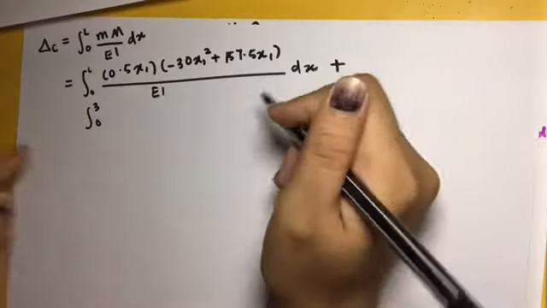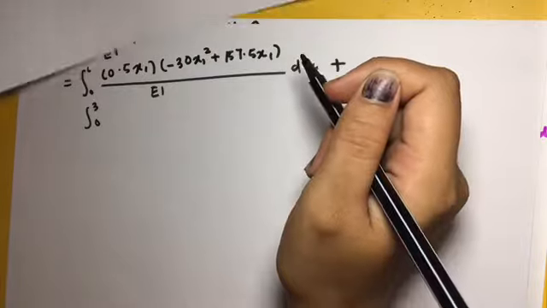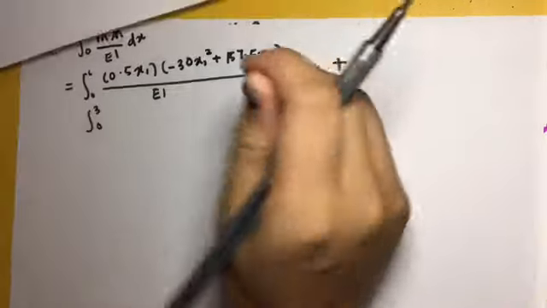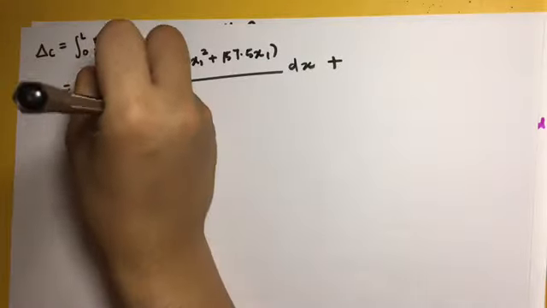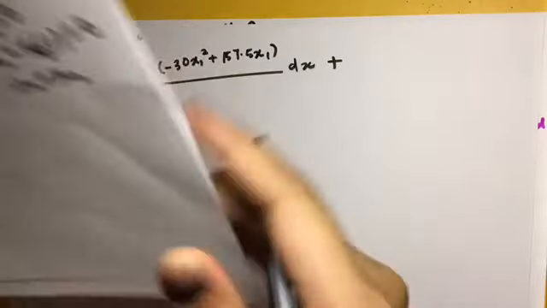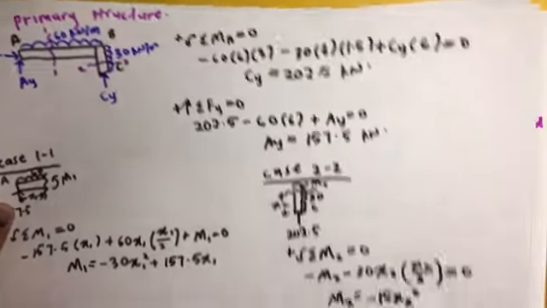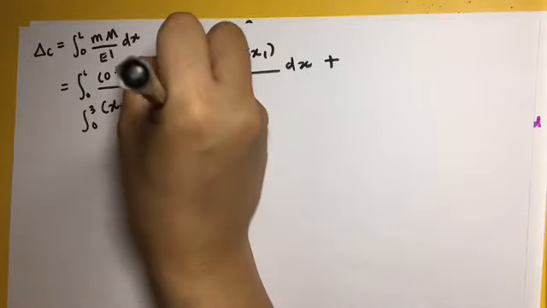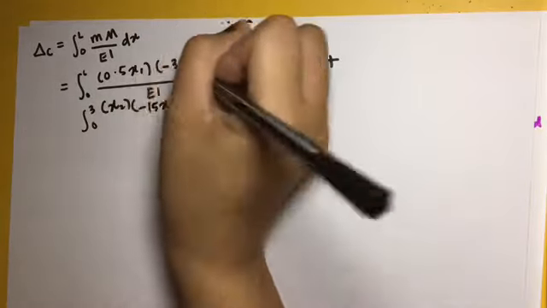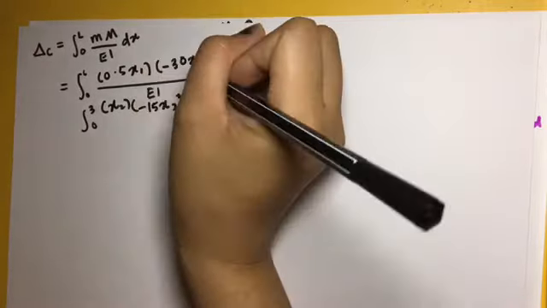Okay, so then we're gonna do for BC. So we got the small m from the redundant applied, small m, and so it goes to x2. So let's choose x2, and then from the primary structure we got M2 equals to negative 15 x2 squared.